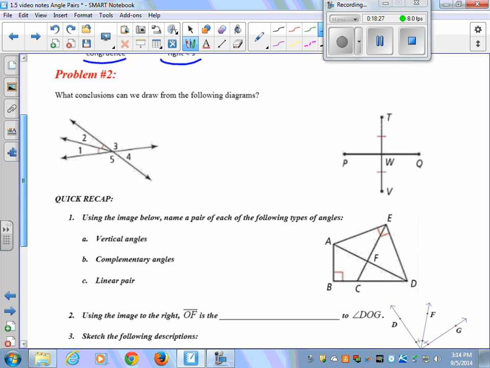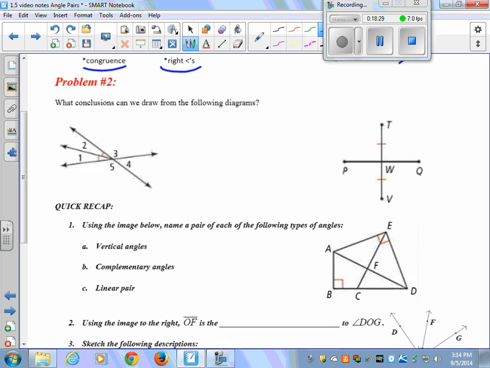So when you look at these diagrams here, you cannot assume that this is a right angle. You can assume that TWQ and QWV are a linear pair. That's okay, but you can't assume that they are right angles.